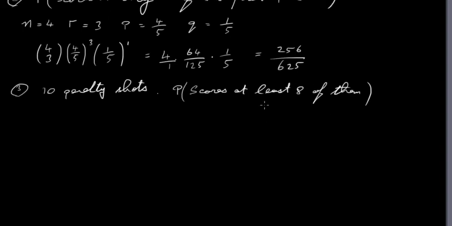Now, let's have a look first of all at n. N in this case is not going to be 4 anymore. He's taken 10 penalty shots, so n is going to be 10. We want the probability that he scores at least 8.